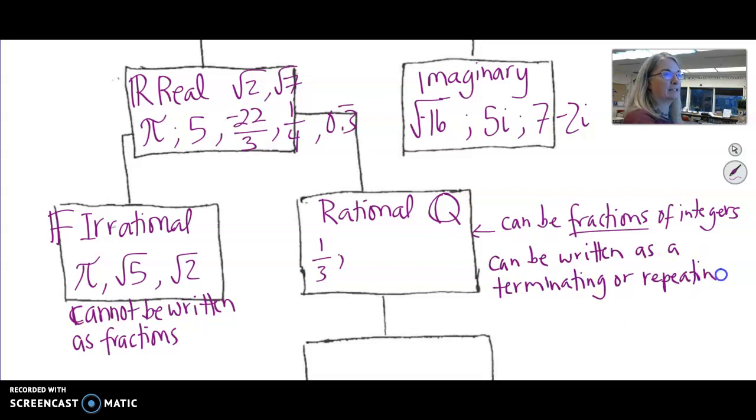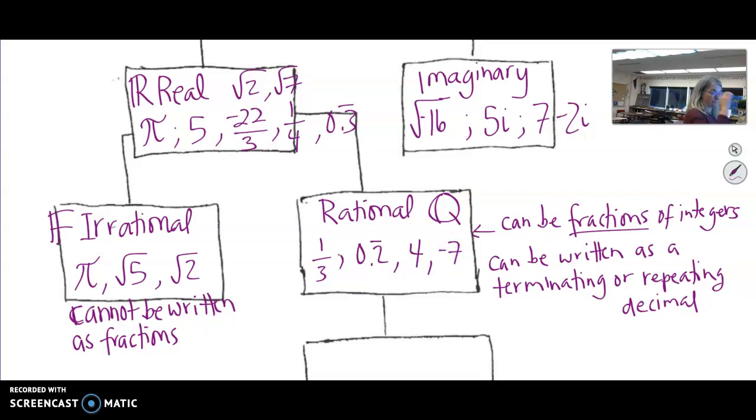Any decimal that terminates or repeats can be written as a fraction, so those go hand in hand. Okay, so like if you had 0.2 repeating, that's rational. The number 4 is rational. The number -7 is rational. So it's a quotient of integers, another way to say that.